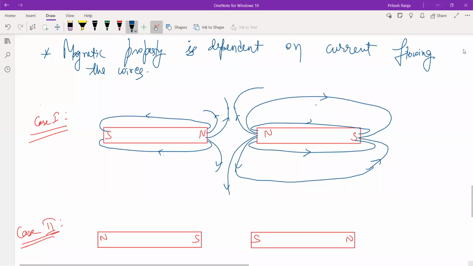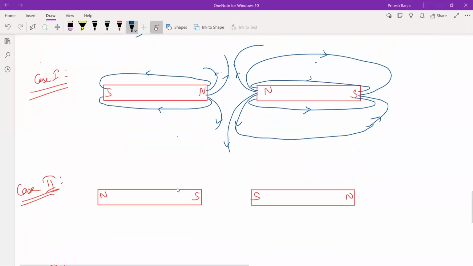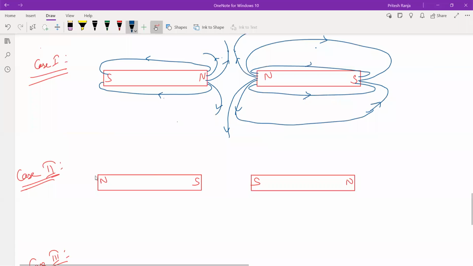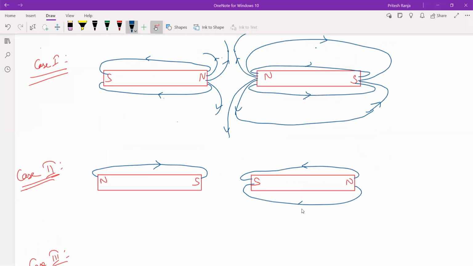Let us see case 2. Some magnetic field lines will go from here to here. Again, magnetic field lines always go from north to south. Of course, you might be thinking why one magnetic field line doesn't go to this south.